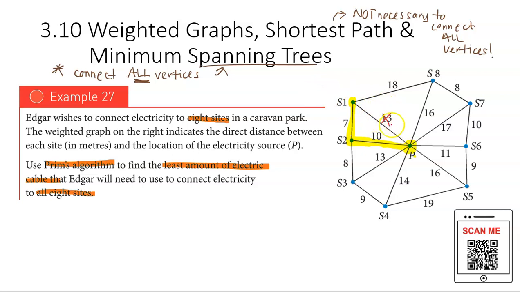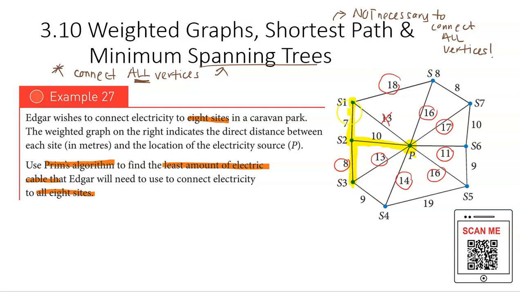So next, I have 16 connect to S8, 18 connect to S8, 17 connect to S7, 11 connect to S6, 16 connect to S5, 14 connect to S4, 13 connect to S3, and 8 connect to S3. So which one is the lowest value over here? It means 8 connect to S3.